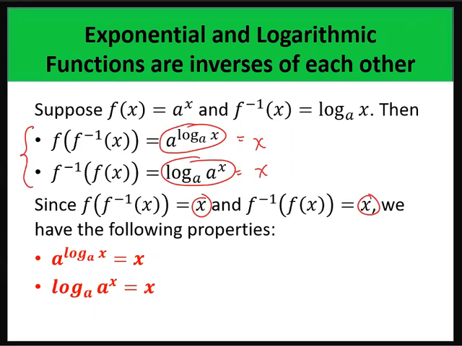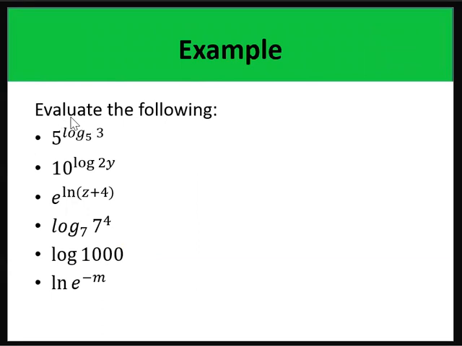So to apply these properties, let's have the following examples. Let's evaluate 5 raised to the logarithm of 3 to the base 5. If the exponential base is 5 and the logarithmic base is also 5, then this is just equal to 3.